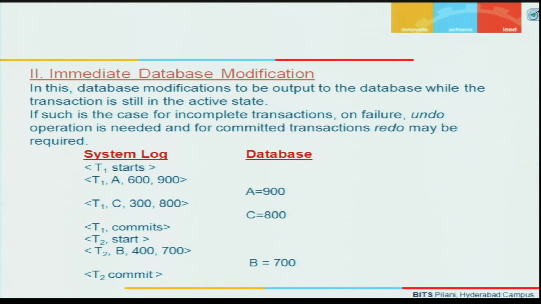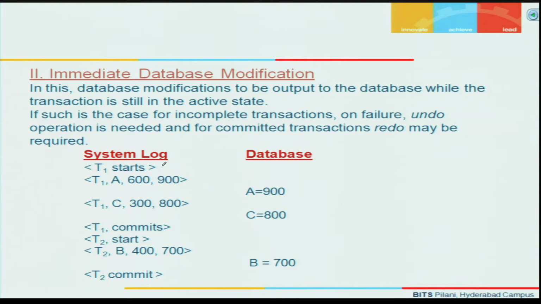In this, database modifications are output to the database while the transaction is still in the active state. If such is the case, for incomplete transactions on failure, the undo operation is needed, and for committed transactions, redo may be applied.